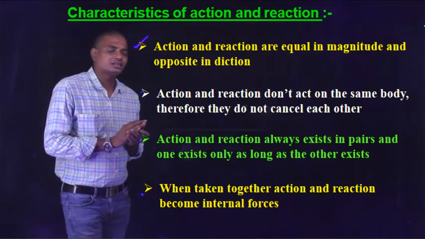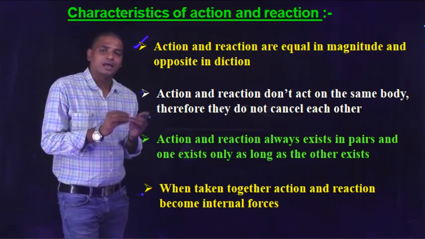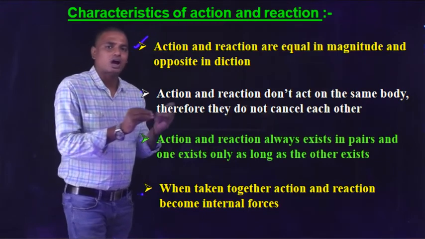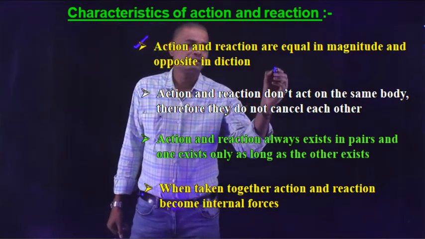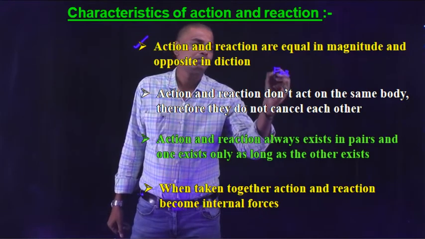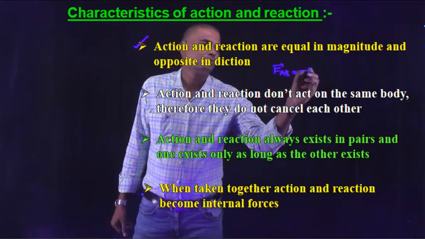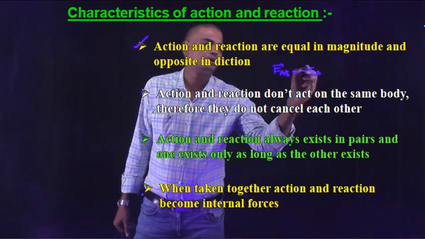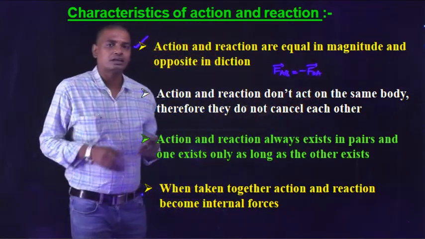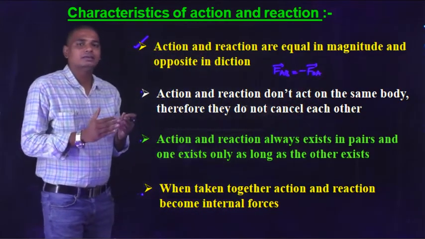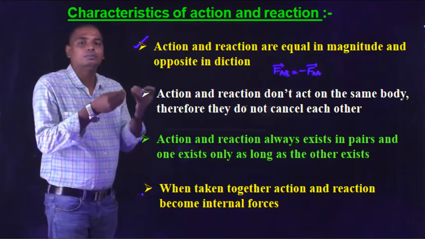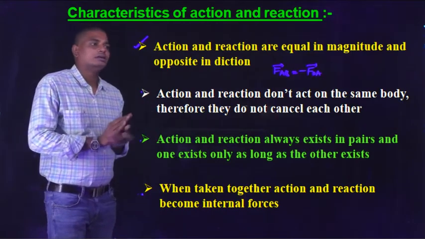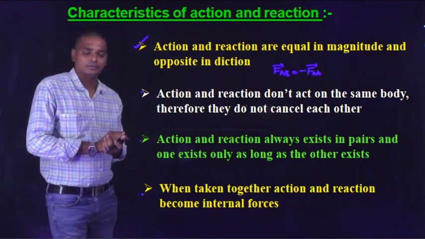These action reaction pairs are equal in magnitude but opposite in direction. Therefore we can write F_AB vector is equal to minus F_BA vector. The force acting on block A due to block B is equal and opposite to the force acting on block B due to block A.